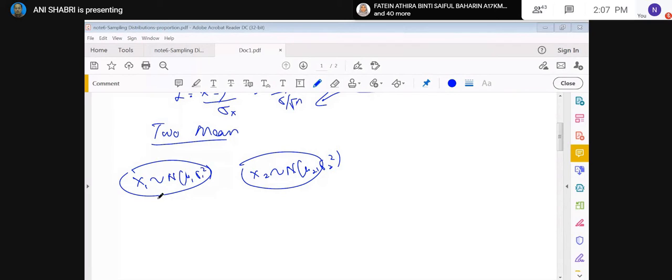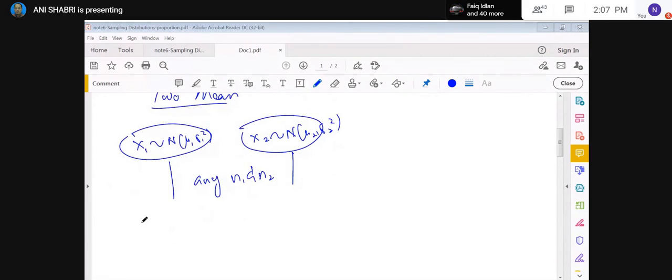If we take any n1 and n2, S1 bar minus S2 bar will follow normal distribution with mean mu 1 minus mu 2 and the variance.